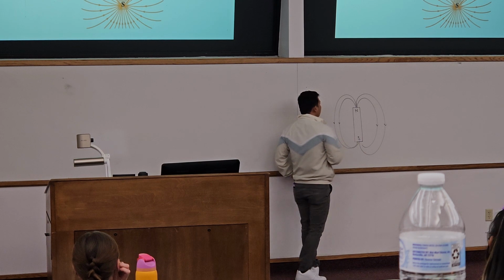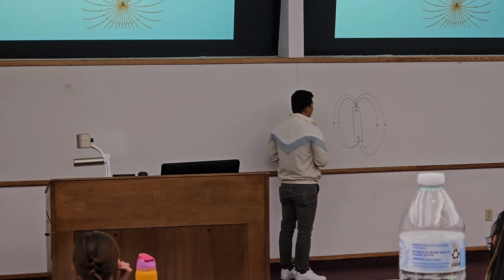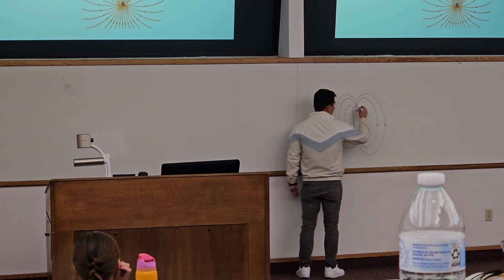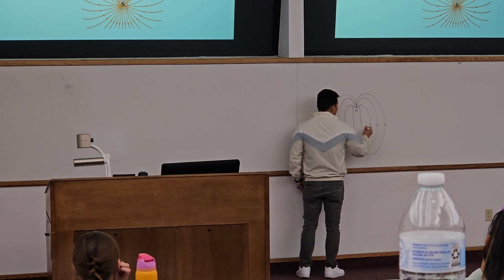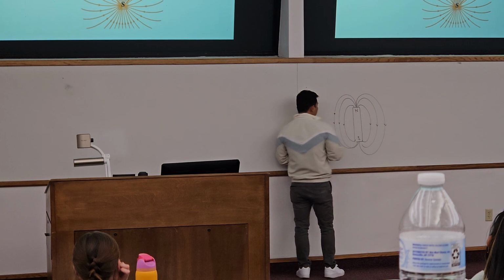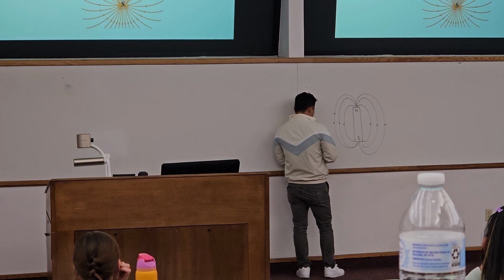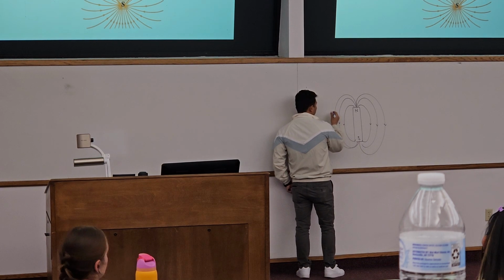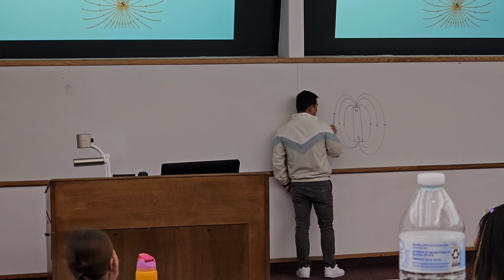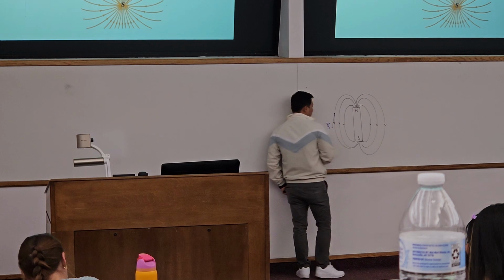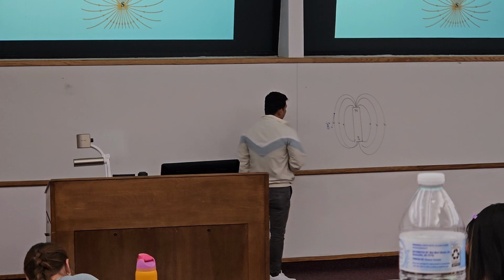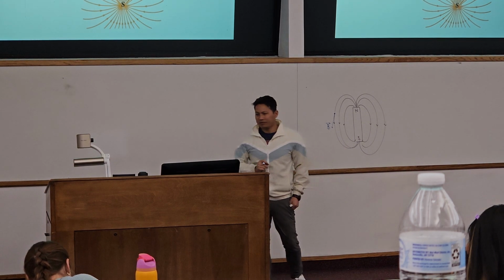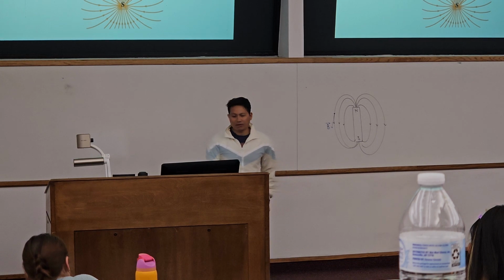If you want to find the direction of the magnetic field at any point, you need to draw a tangent. Let's say the magnetic field direction at this point, you draw a tangent to this point. It's the direction of the magnetic field.